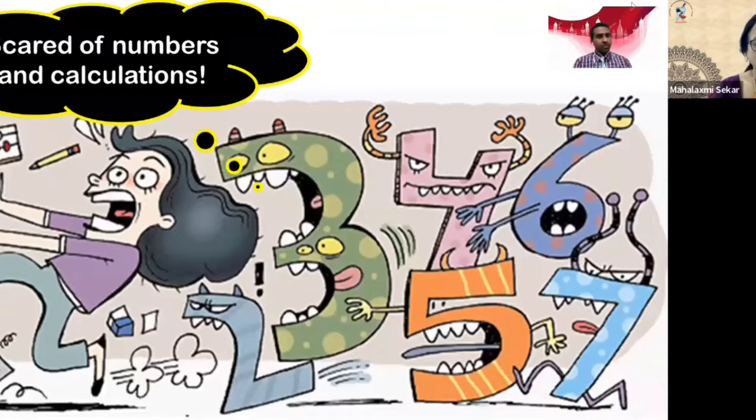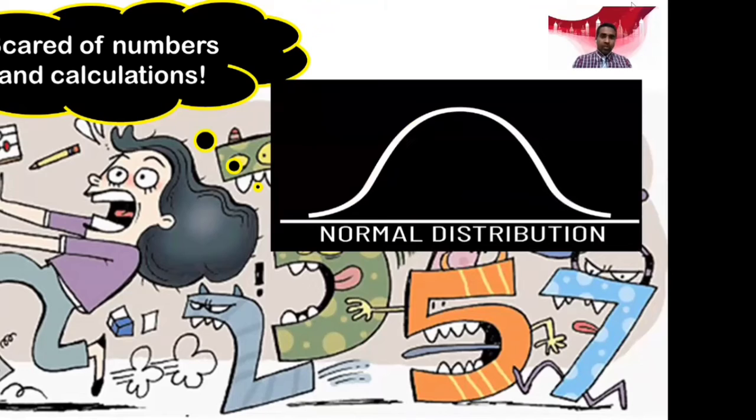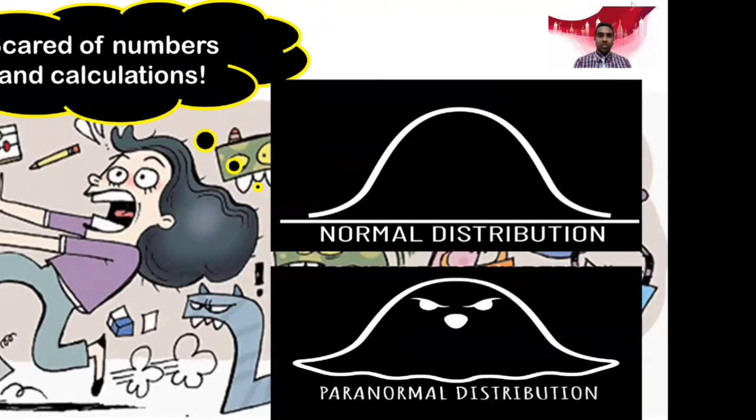What kind of complexity does it have? Generally, sample size calculation is something like a number game, which involves many formulae and mathematical calculations. So too many numbers appear to be scary for the researchers. Moreover, if you ask about the normal distribution, a simple question, even the normal distribution will appear like a paranormal distribution to them.